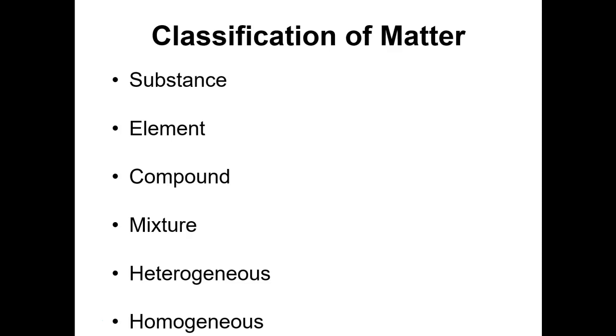We'll go through the tree that your book has, and then we'll go through some definitions of some of these things. There are various ways of thinking about this, and so we'll look at a second logic tree later on. So here's the logic tree that's in your textbook, and it starts with any sample of matter.